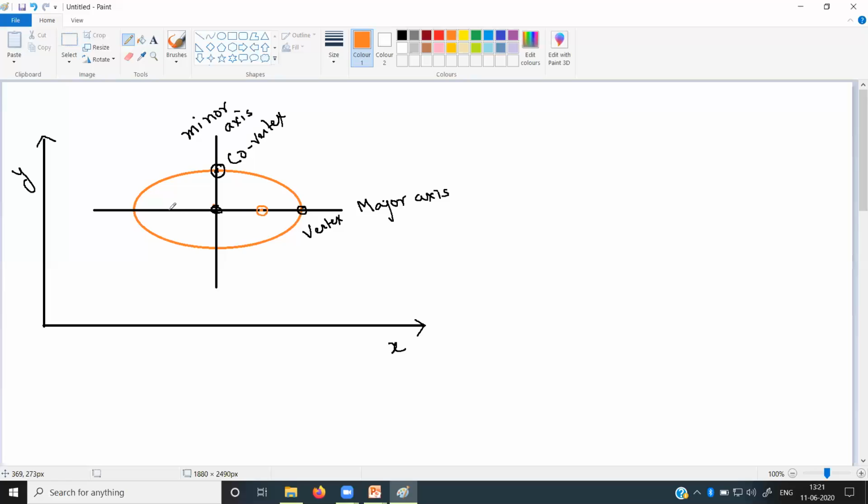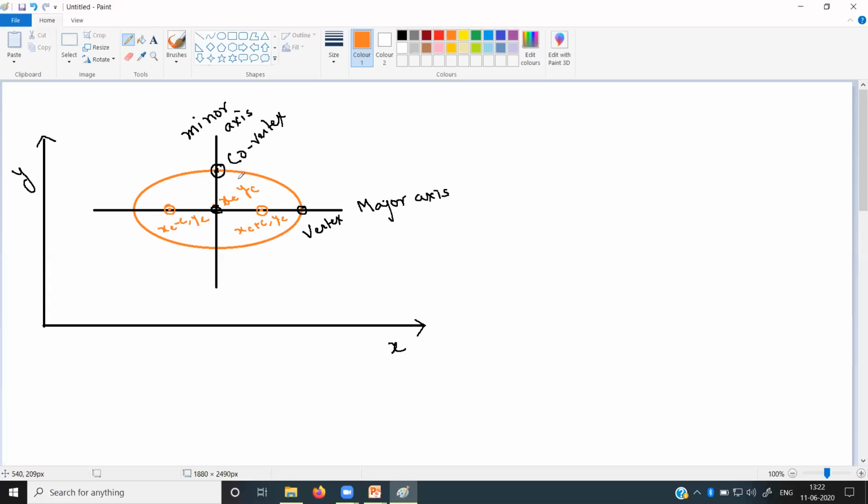Similarly, there is also another focus of the ellipse, and if the center is xc and yc, then in that case the focus will be xc plus c comma yc, and in this case the focus will be xc minus c comma yc. Clear? So these are the overall properties of the ellipse.